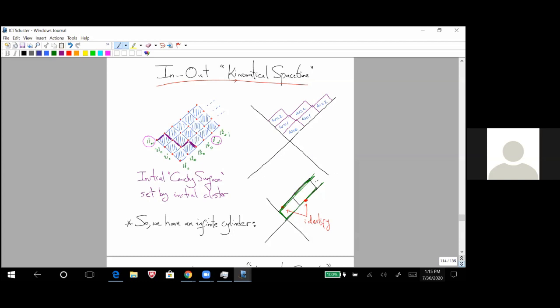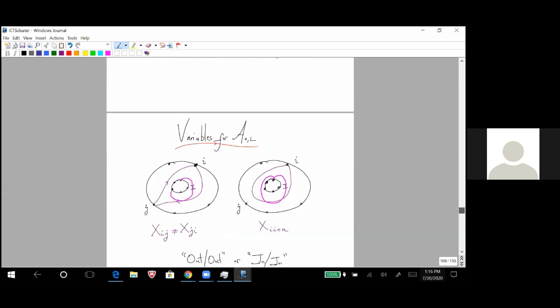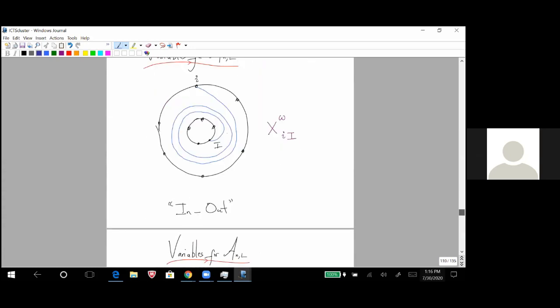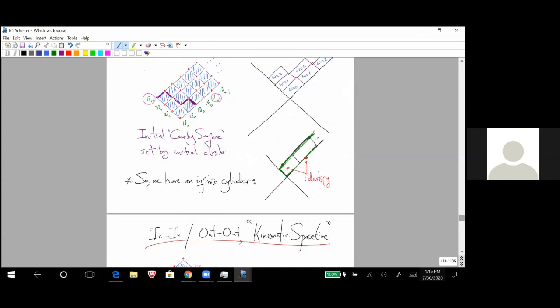Okay. So first, let's look at these variables x_iJ, x_i capital J, these in-out variables that are winding. These guys have a kind of a cool kinematic space. So here I'm following my nose, just what we did before.